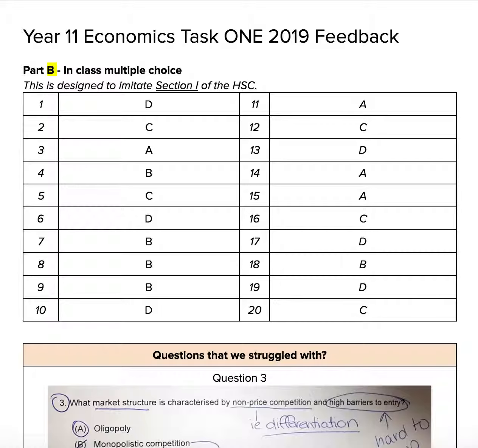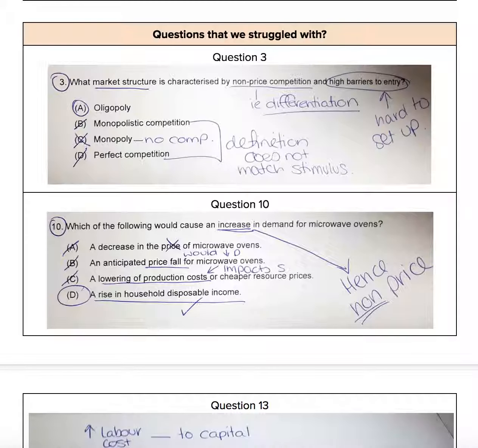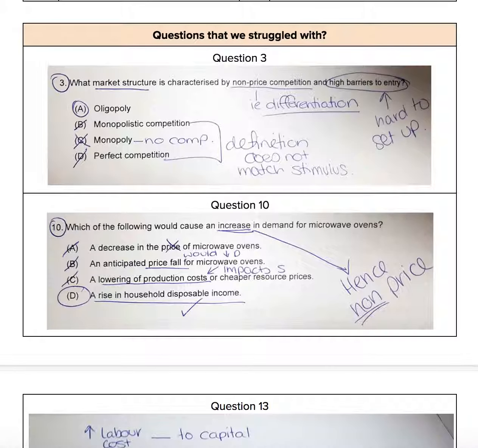Talking about part B, there were a number of questions that as a cohort we struggled with. Question 3 and question 10 were two of those questions. It's really important that you continue to practice the annotations and the elimination strategies that we have already spoken about.